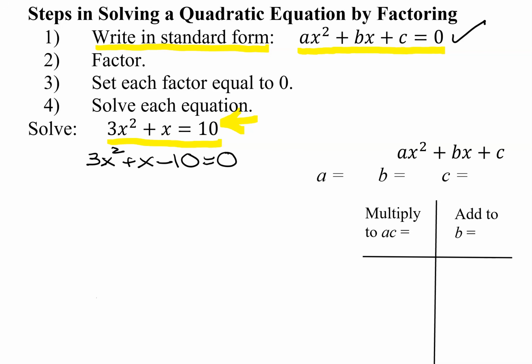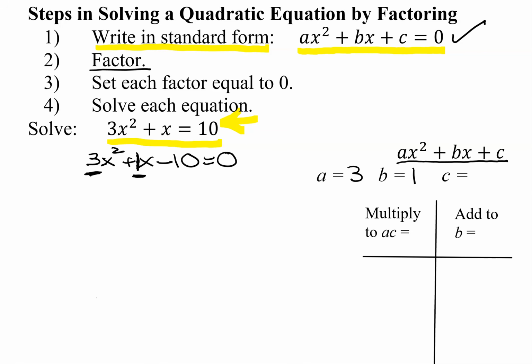Now the next step is to factor. And to factor it, since we have it in standard form, ax squared plus bx plus c, we can find a, b, and c. A is the coefficient of the x squared. B is the coefficient of the x, and don't forget there's really a 1 in front of that x.